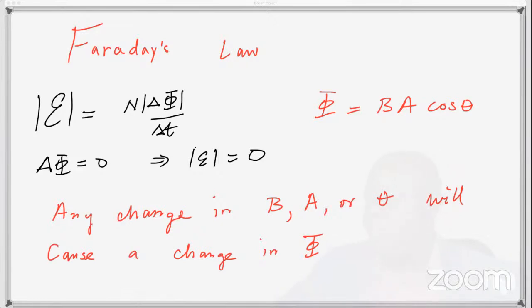Changing the direction, the easiest way is just to make the area rotate. You make the conductor continuously rotate, then you're constantly changing the angle, and that's how you can continuously cause an induced EMF, and that's related to how electric generators work. You have a coil that is constantly rotating, and as it's constantly rotating, the angle between the field and the normal to the area is constantly changing.